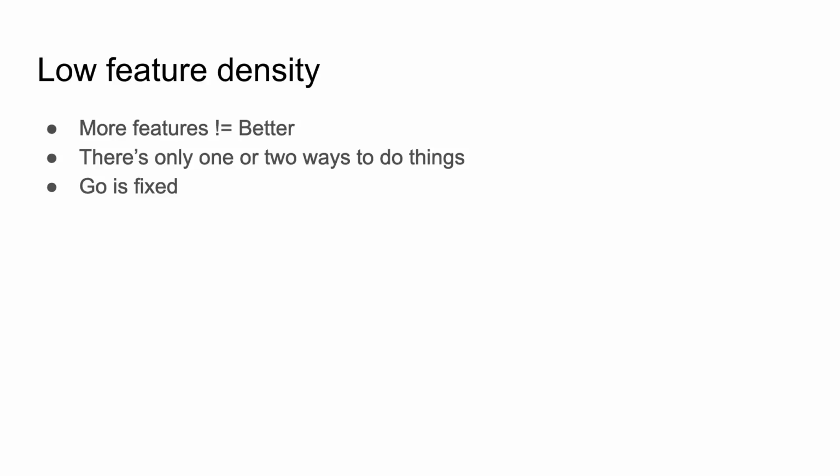And the authors of Go saw this and saw what high feature languages were doing to teams that they were a part of. And maybe this resonates with some of you, because I definitely know that it resonated with me. And they said, sure, features give you more ways to do things, but they also give you more ways to get in trouble.